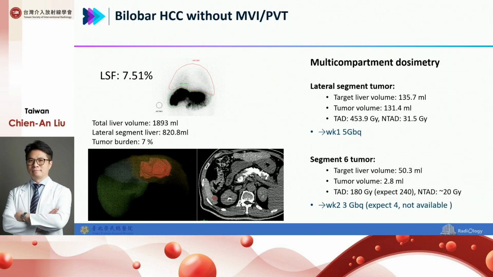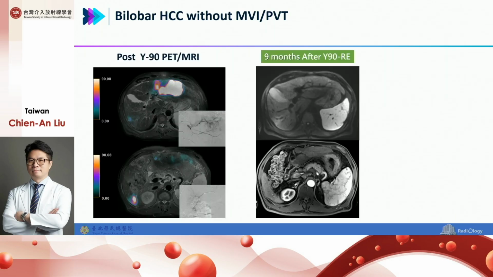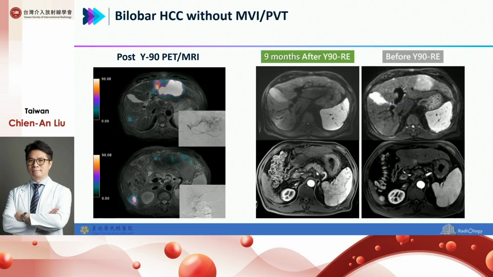In the lateral segment tumor, we can do a relatively high dose, so the tumor absorbed dose is more than 400 gray. So we use week 1, 5 GBq. For the right, it's relatively small, so week 2, 3 GBq is enough. This is 9 months after Y90, near complete response.